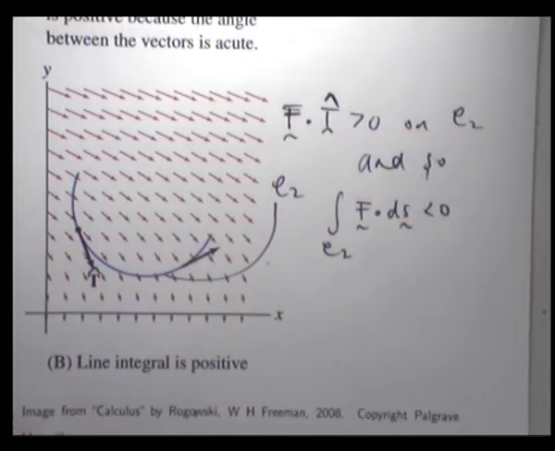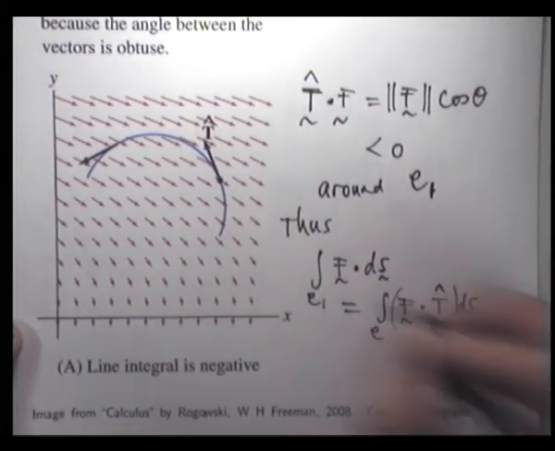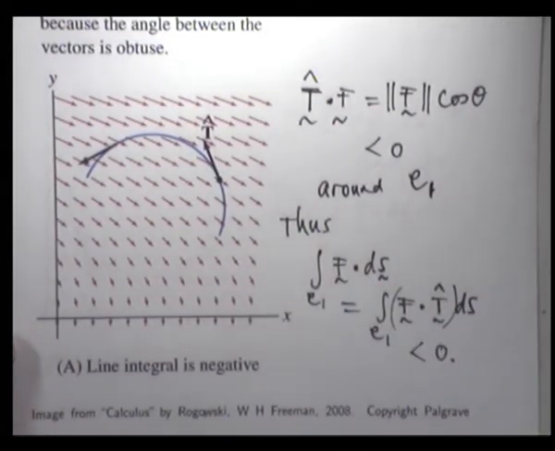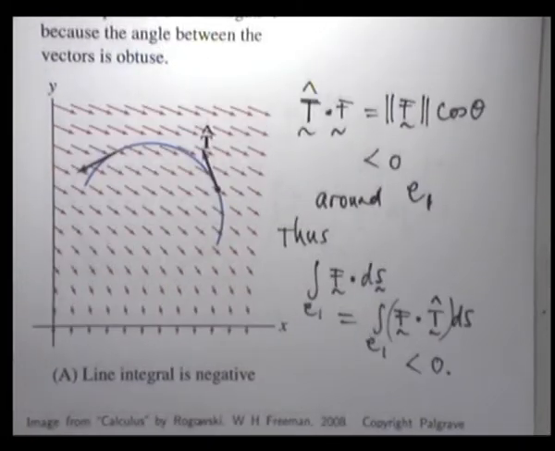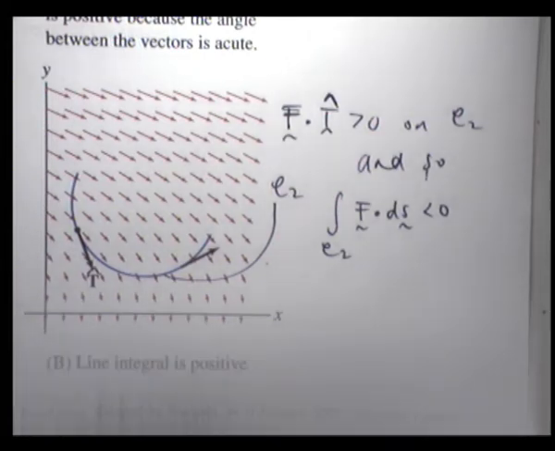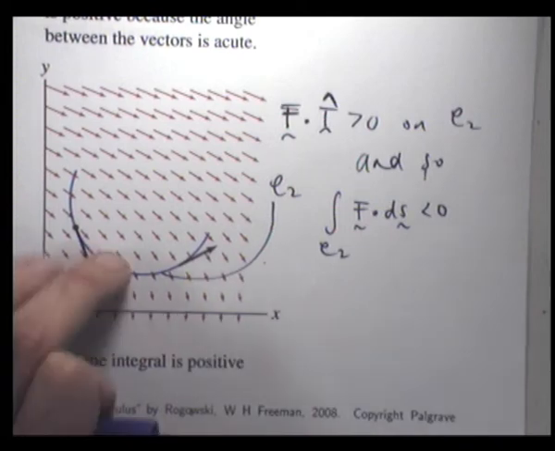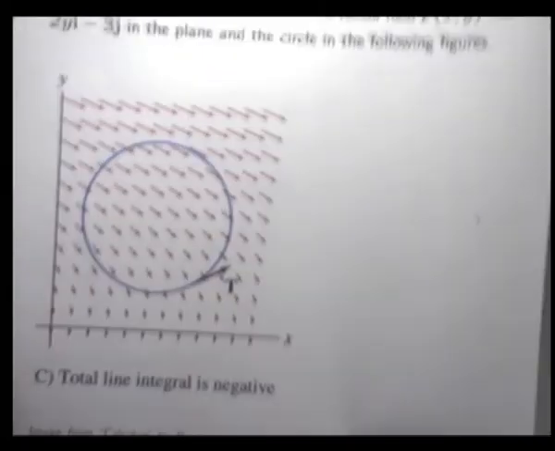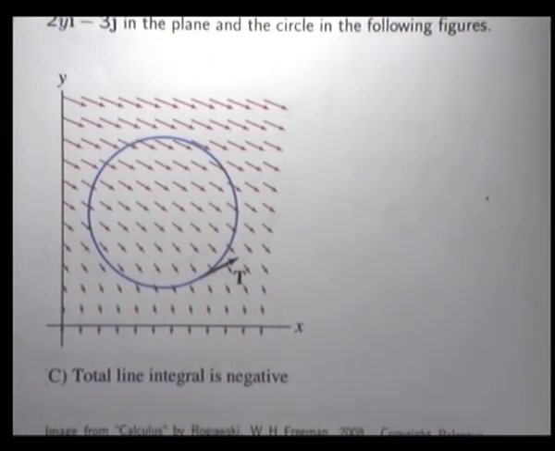C1. Okay. Now, the thing is though, if the line integral is positive up there and negative down there, how do I conclude that the line integral is negative over the whole circle?